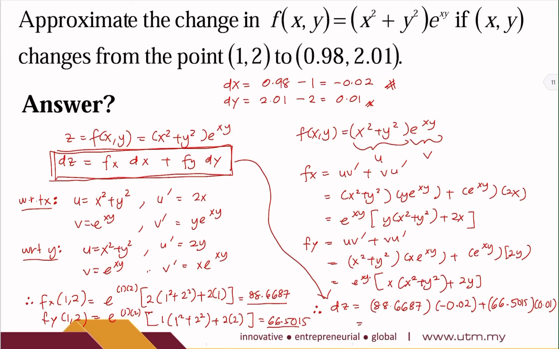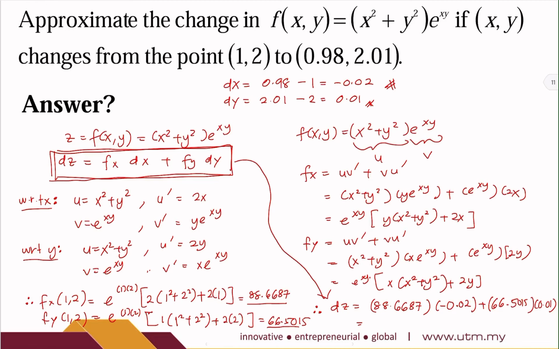So 88.6687 multiplied with 0.02, and we need to plus 66.5015 multiplied with 0.01.